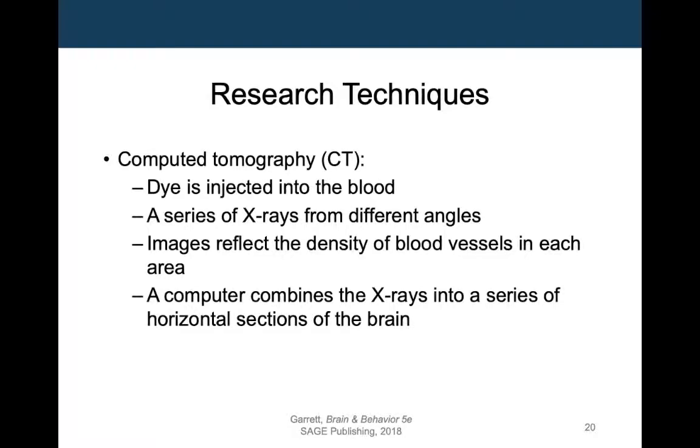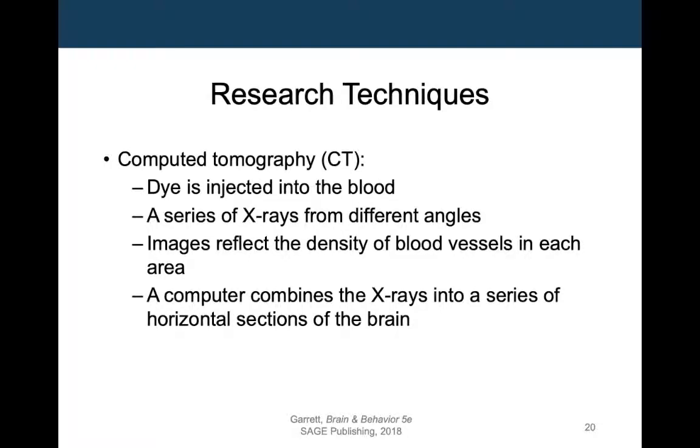And so, what the CAT scan allows you to do is that it produces X-rays from different angles. Using a series of two-dimensional sections, or slices rather, they can go through these areas as if they were 3D images, okay? Now, the way they do that is that dye is injected in the blood.